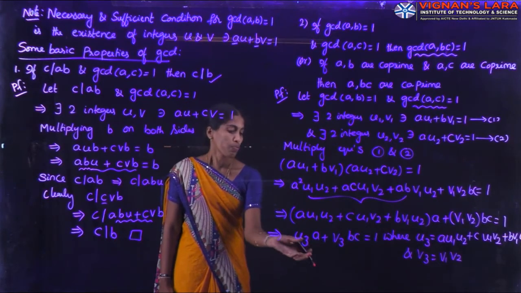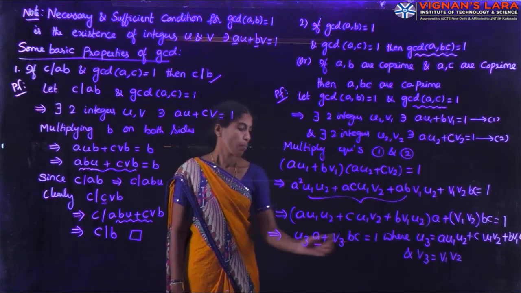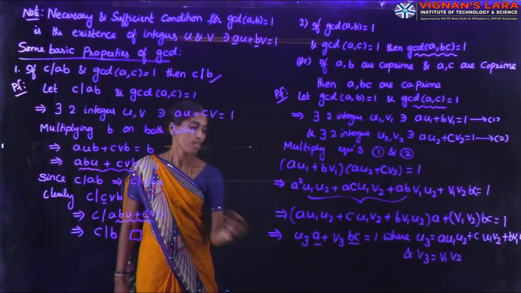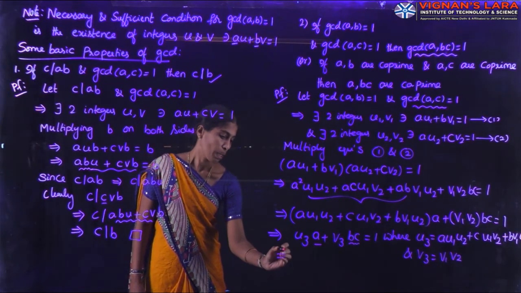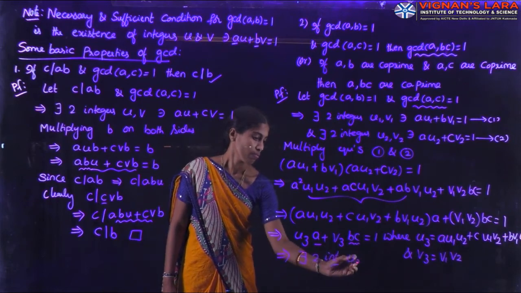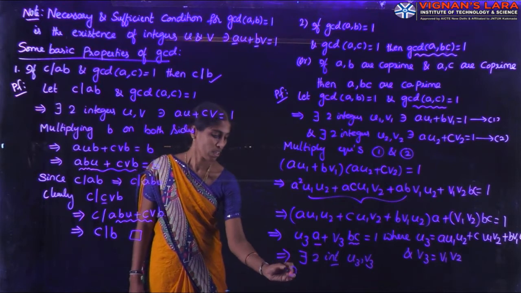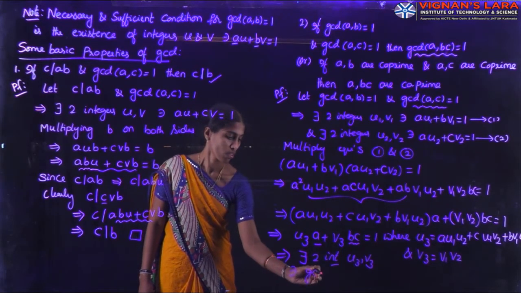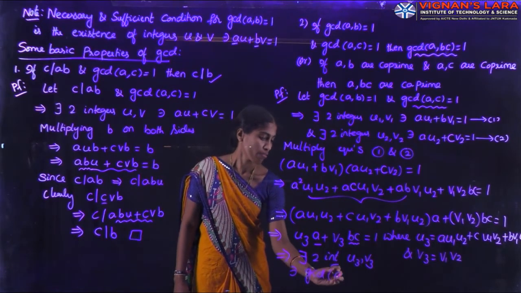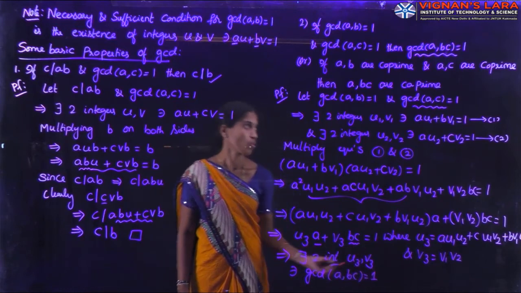So, here U3 into A plus V3 into BC is equal to 1. Using this note implies there exist two integers U3, V3 such that GCD of A, BC is equal to 1.